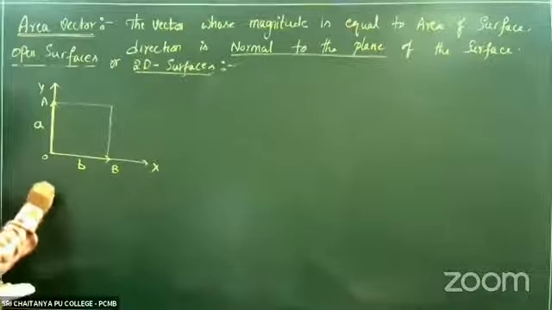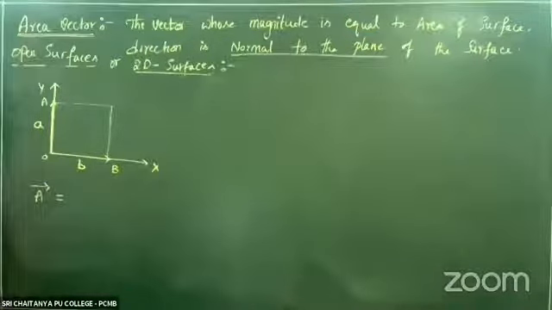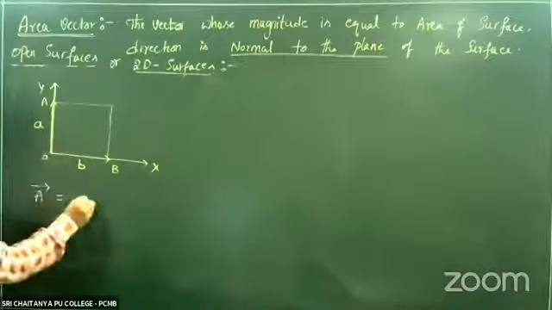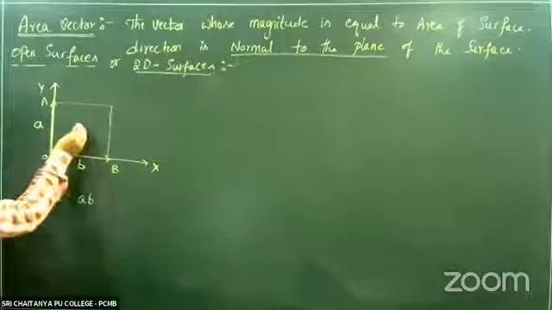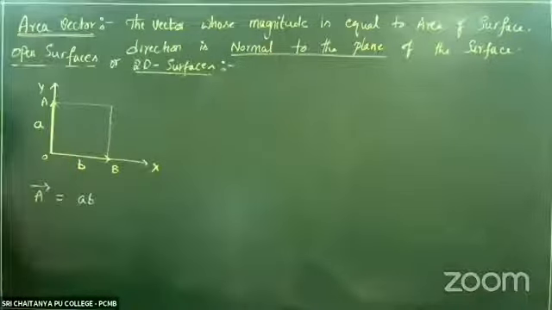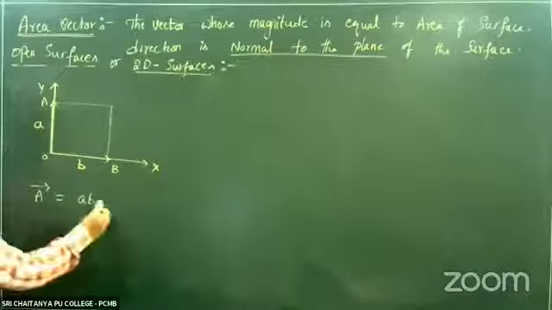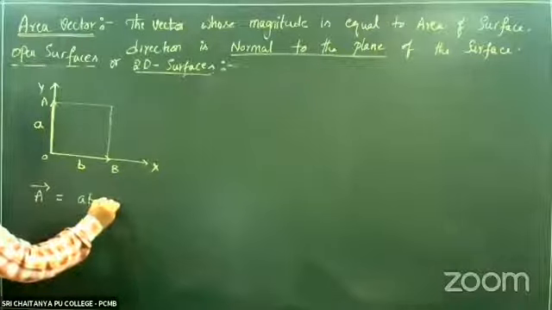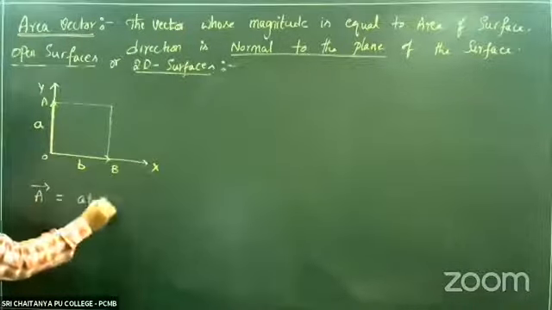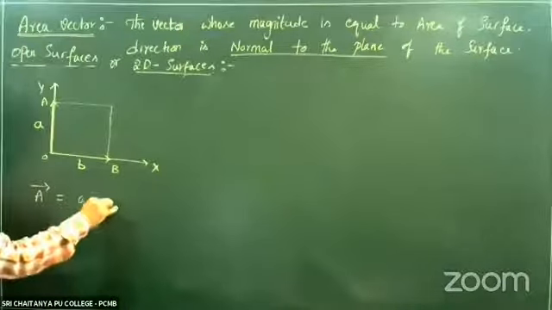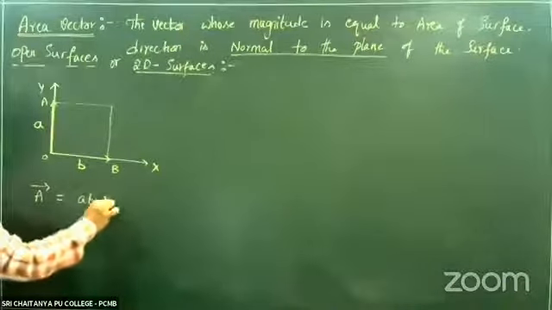The magnitude of the area is A into B, right? And the direction is normal to it. Normal, here it is Y and X. Normal in the sense of K cap.